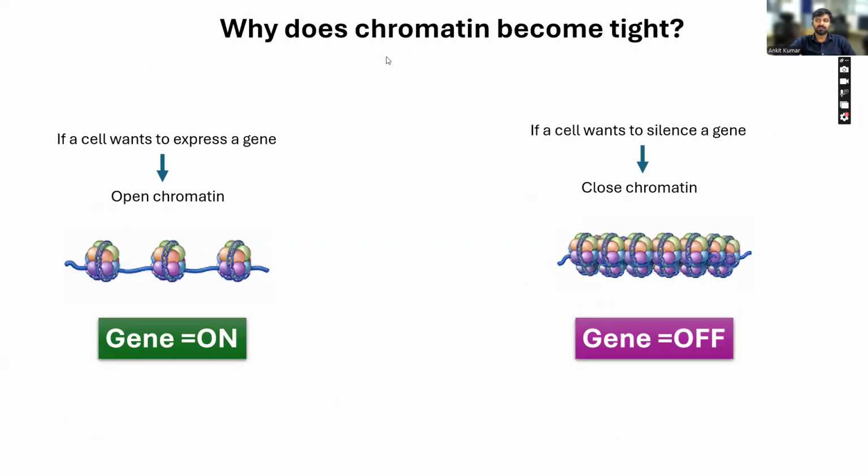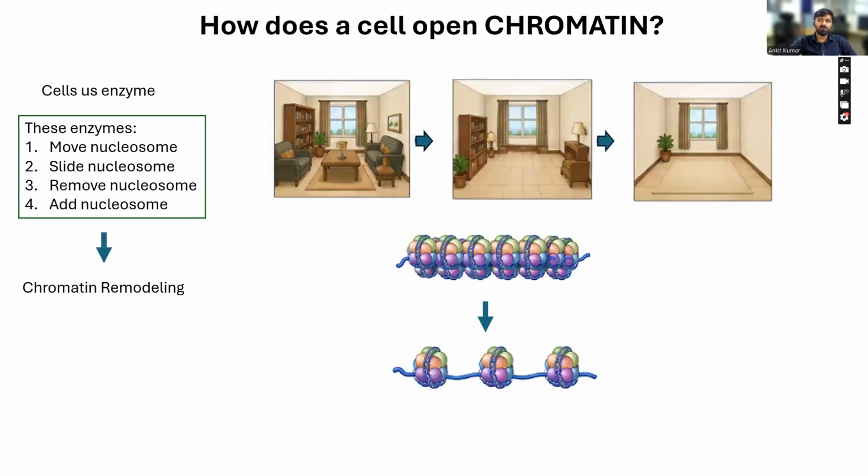As we have seen, why does chromatin become tight? Because if a cell wants to express a gene, then definitely it will open the chromatin and then the gene will turn on. If a cell wants to silence a gene, then definitely it will close the chromatin, and then that gene will be turned off. So this is how these things work. But how does a cell open a chromatin? That is very important.